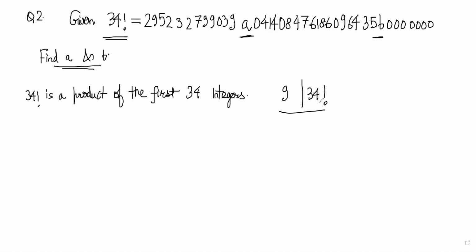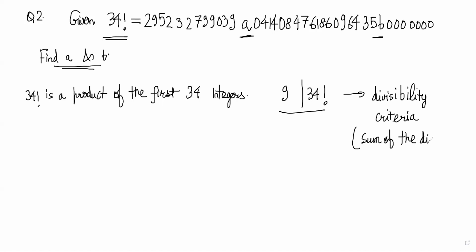And if 9 divides 34 factorial, then we can use the divisibility criteria of 9. The divisibility criteria for 9 is that the sum of the digits must be divisible by 9. So that gives us a good equation.